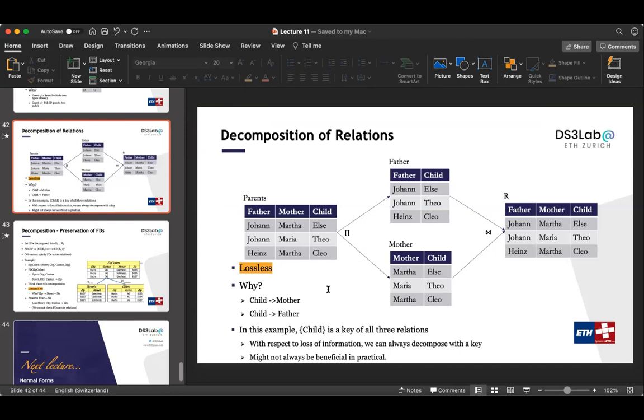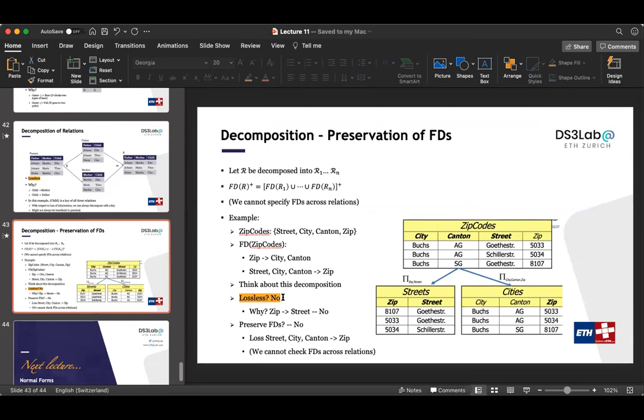Okay, so then in the general case, this is not lossless. Also in this example, if I'm not mistaken. Why do you think this is not lossless? Because we stated that what we see here is not a lossless decomposition. It's just correct in this case, but in the general case, this is not.